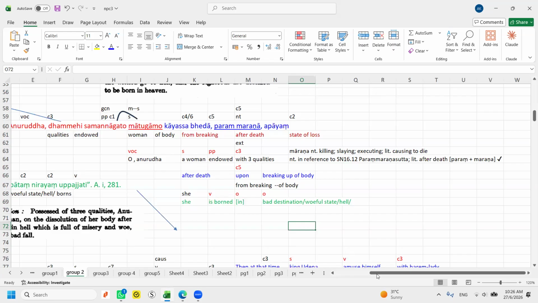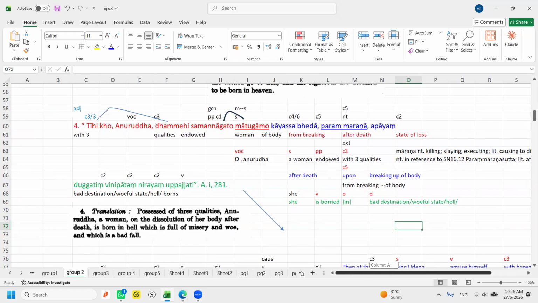Now the last line, can you see the word apaya? Apaya should belong to here.